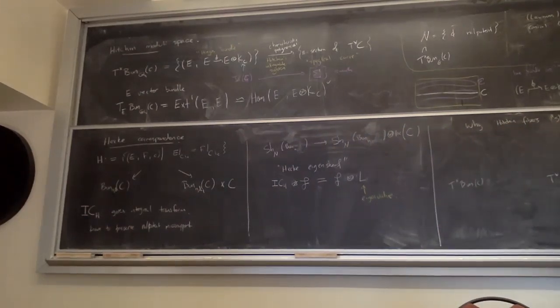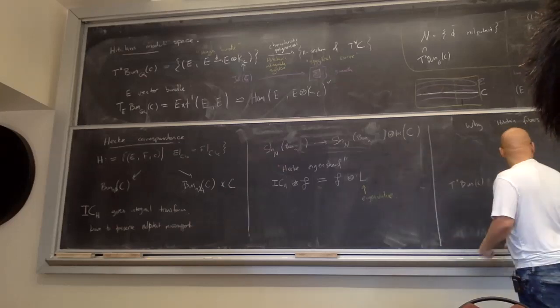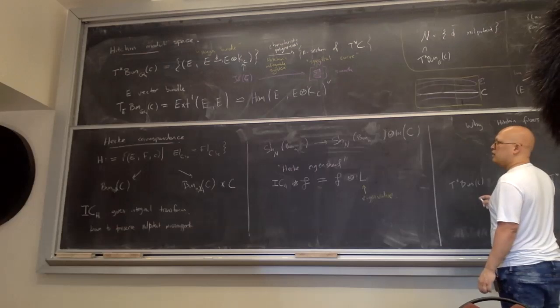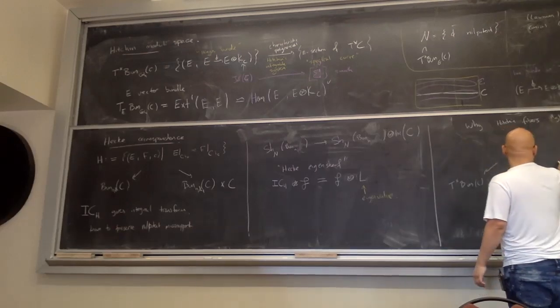So let me explain why Hitchin fibers, in some sense, should give eigenvalues. First, you can write a similar thing to this one. What is the similar thing?